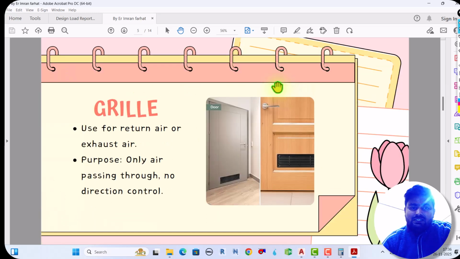So next is grille, okay. Grille and register both are very common, but grille here is used for return air or exhaust air only, okay, because this grille is given only for air passing through, no direction control.